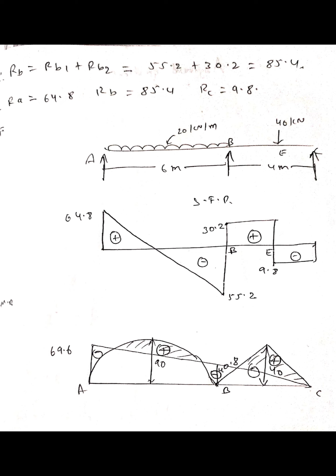Already we have drawn the same thing, and then in that we have to include the MA, MB, MC values. So MA 69.6 we need to draw upwards, and MB also upwards, and MC is anyhow 0, so we need to join the lines, and you should indicate minus, plus, net bending moment diagram. Okay, this is the final bending moment diagram. This is how we will analyze the continuous beam using the 3-moment theorem.